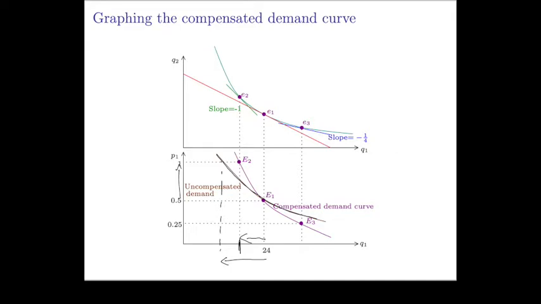So why is this uncompensated demand flatter? It's because it includes not only the substitution effect, but also the income effect. Whereas the compensated demand only tells us about the substitution effect. So for a normal good, the uncompensated demand is going to be a flatter curve than the compensated demand.